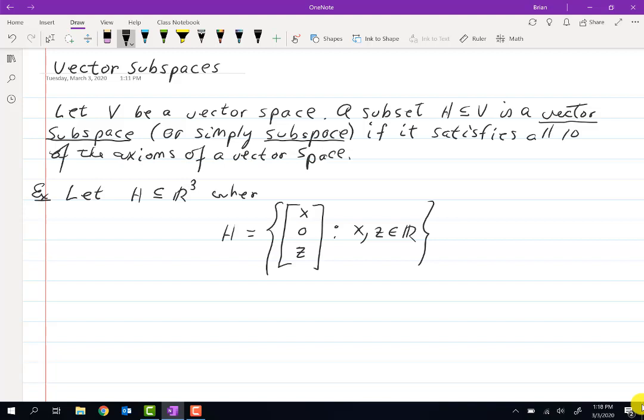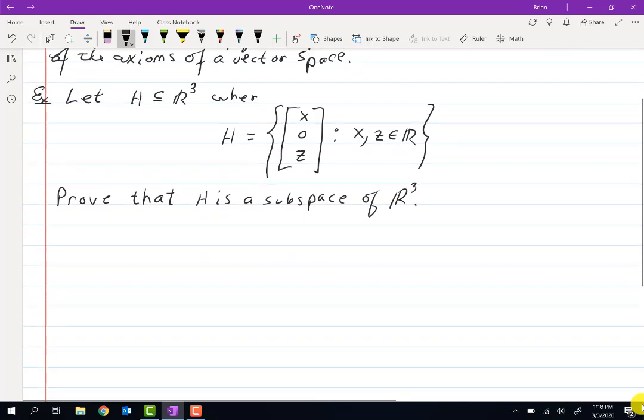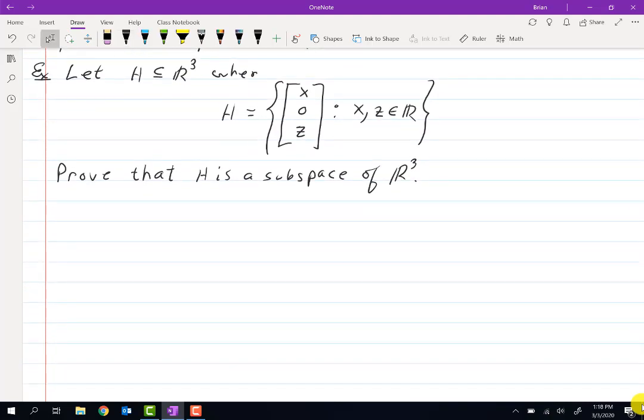So let's go through the properties of a vector space and see if this satisfies all of them. Prove that H is a subspace of R3. Remember, there's 10 axioms that we need to prove for this. So let's start.